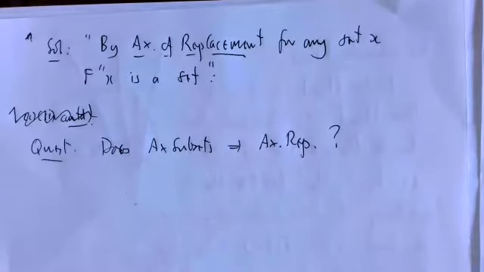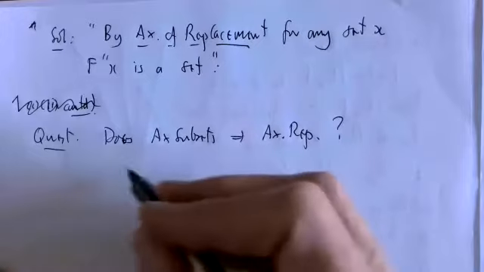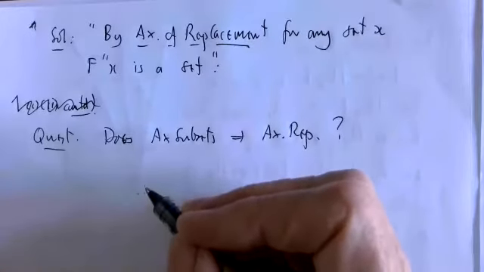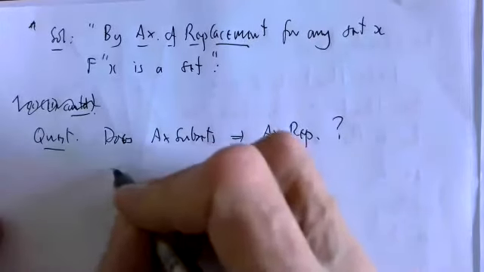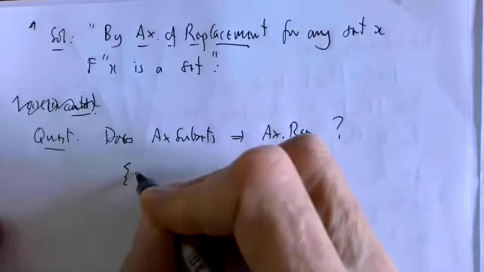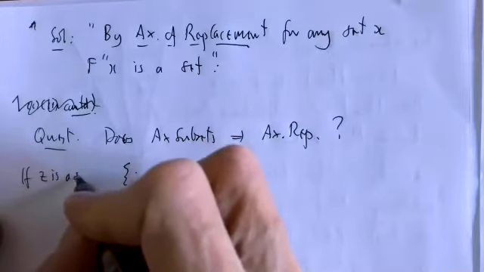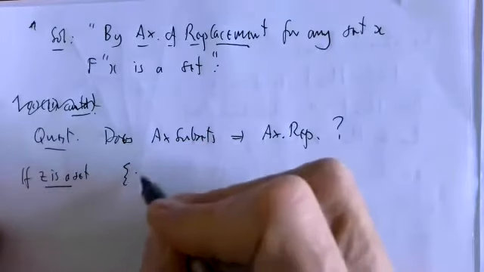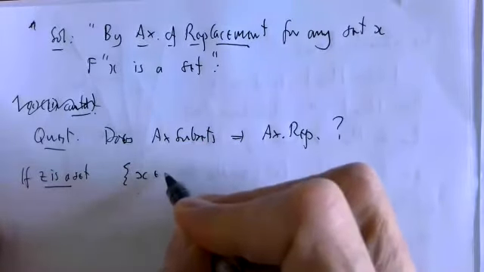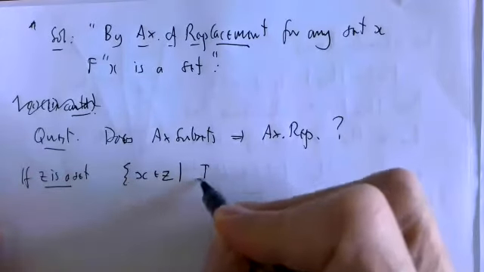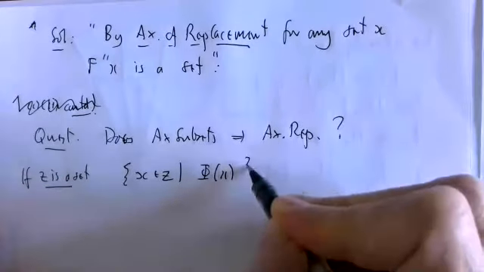Let's give a diagram. Axiom of subsets says I may have the collection of, so if Z is a set, I can look at the x's in Z that satisfy phi of x.